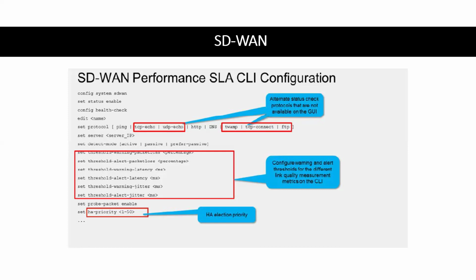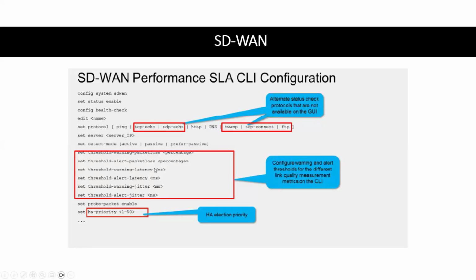Again, this guide is good stuff, but I recommend looking at the white paper for performance SLA configuration on docs.fortinet.com so you can see what the CLI looks like and what commands you can use in that mode.